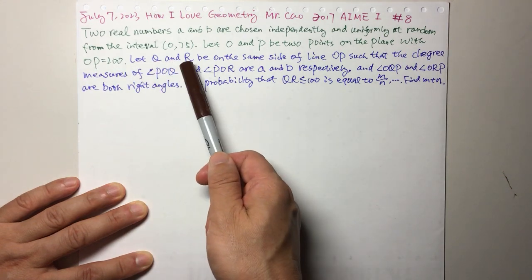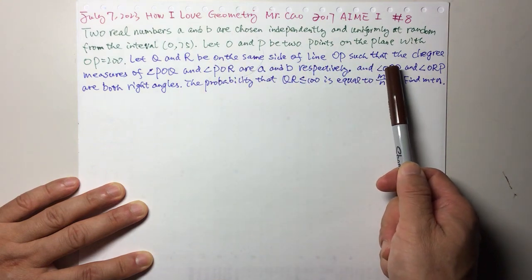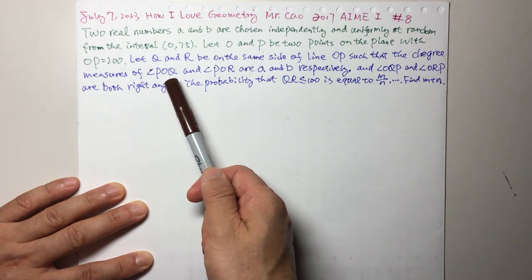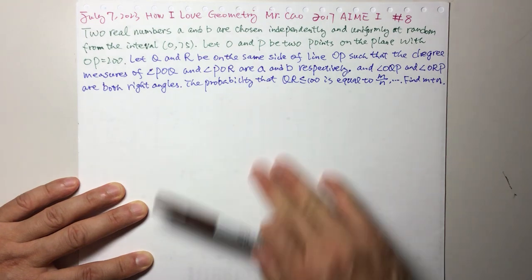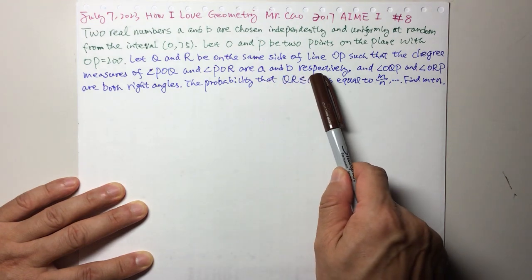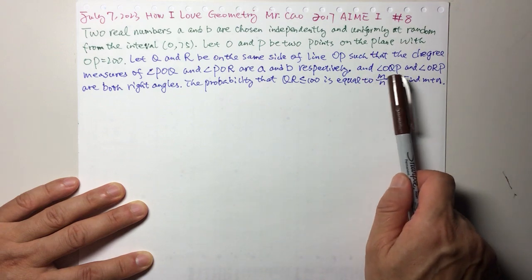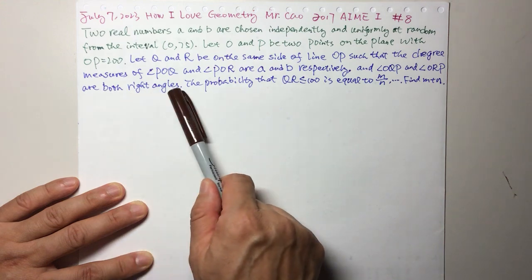Let Q and R be on the same side of line OP, such that the degree measures of angle POQ and angle POR are a and b respectively, and angle OQP and angle ORP are both right angles.